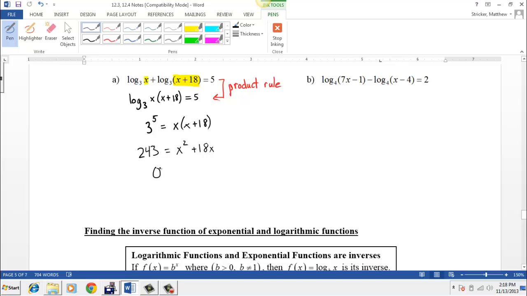which is another quadratic, so we get everything on one side. x squared plus 18x minus 243 equals 0.